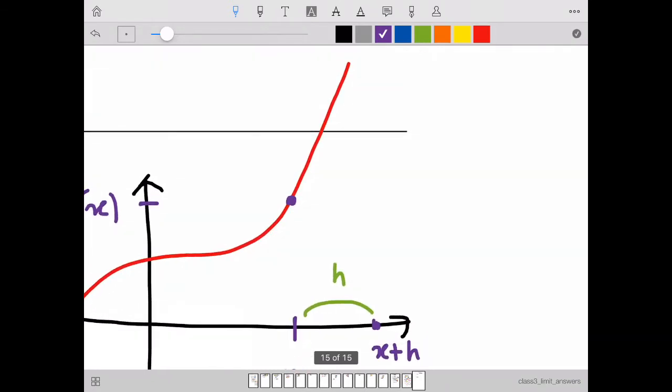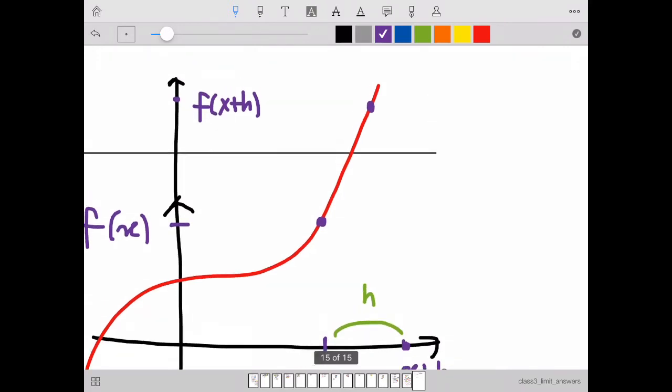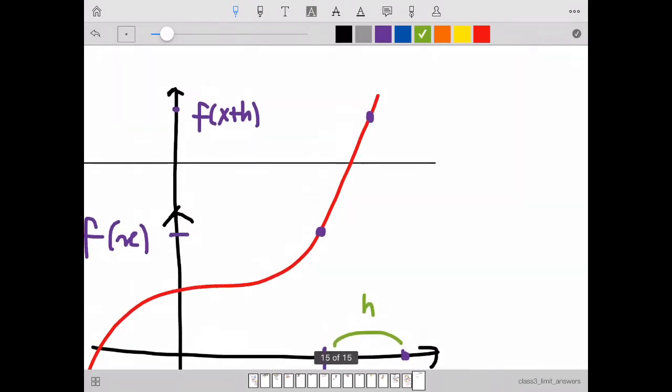So I have a corresponding point, which will be, if I extend the y-axis, then this point will be f of x plus h. And if I join these 2 points as a line, then what was the name of this line?